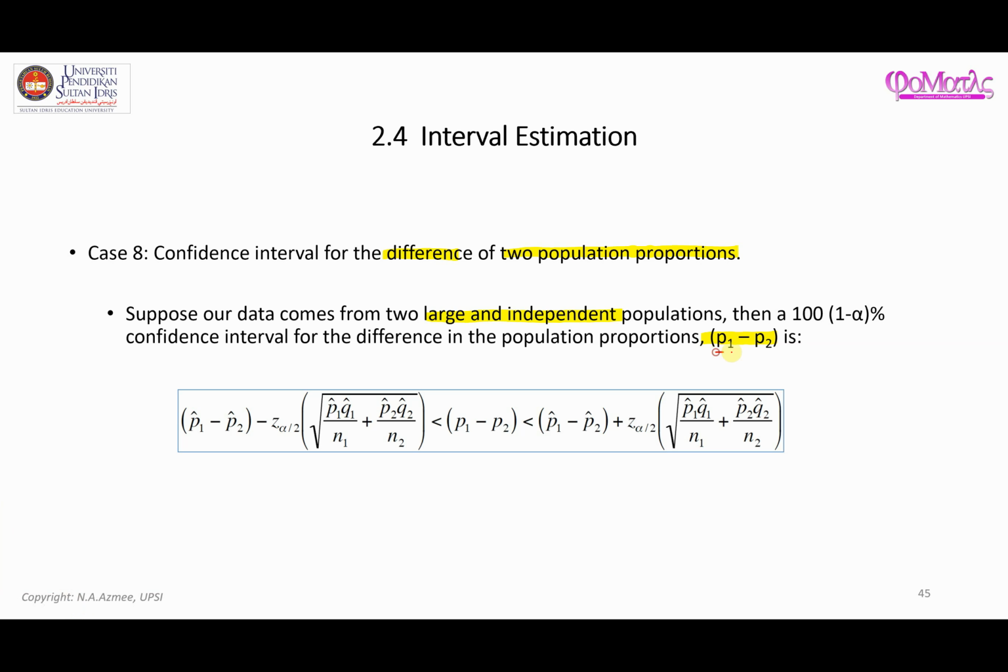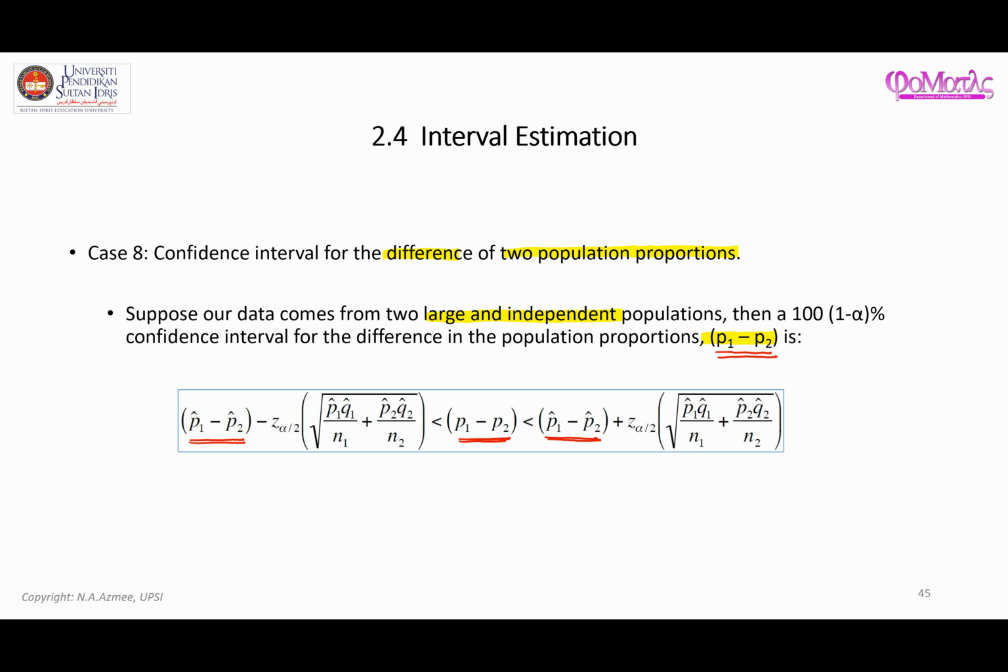If you're interested to find P1 minus P2, therefore this part here has to follow the same convention, which is P hat 1, the sample proportion for group 1, minus the sample proportion for group 2.